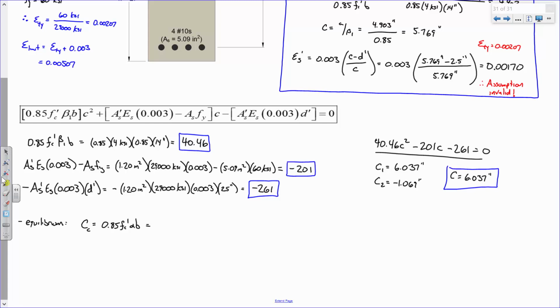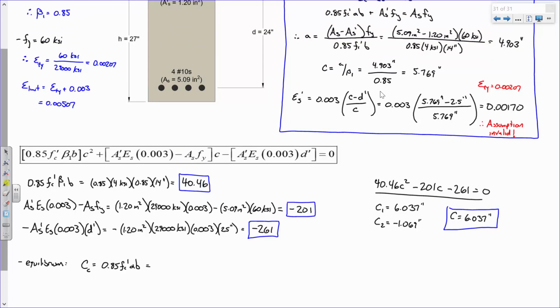Exactly. It's not what we got up here. What we got up here was 4.903 inches. If you try and use 4.903 inches right here, bad. Okay, because that value is wrong.